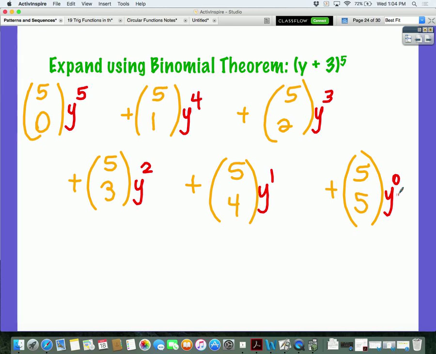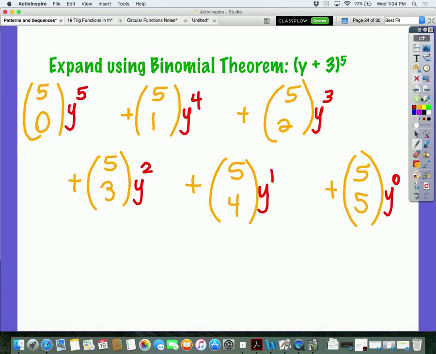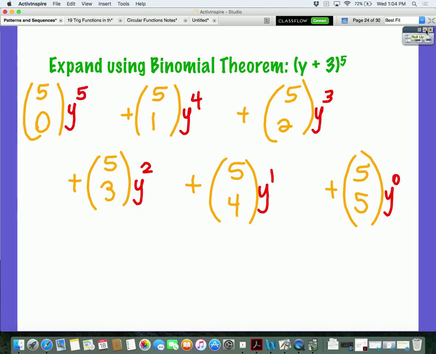Then our second term, we start at 0 and we increase. So that's going to be a positive 3 that gets raised to the 0 power, to the first power, and so on and so forth. Now it's very important that if it's a minus 3, you watch your signs. That usually tends to trip students up.